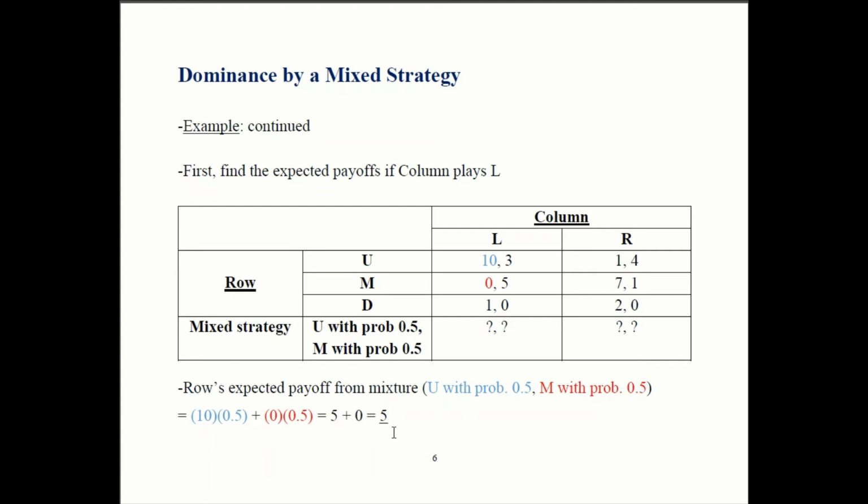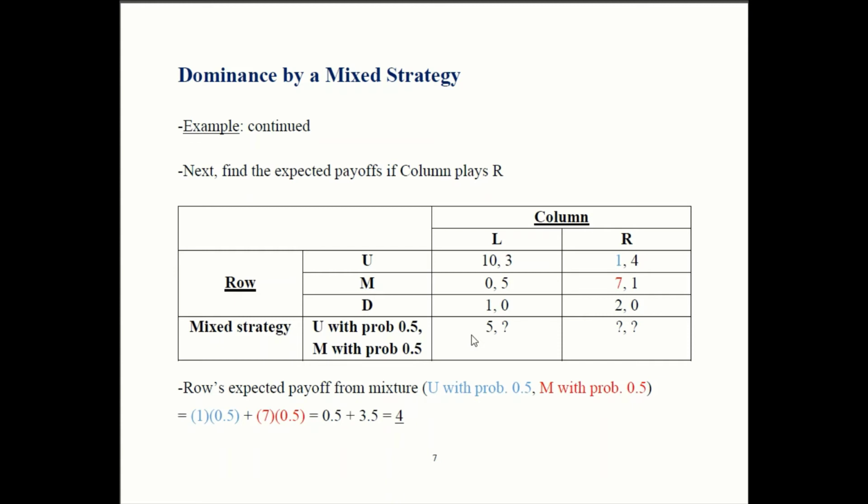So here's what we've established. If we play this mixture, then our expected payoff is going to be 5 if Colin is playing L. So we put a 5 for that payoff over here. So let's go fill it in.